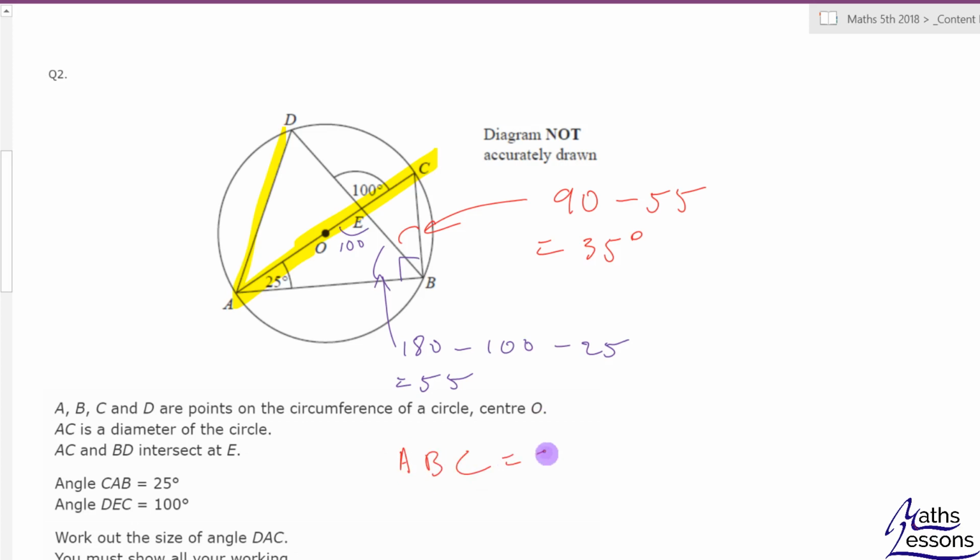So first of all, our reasoning is: ABC equals 90, angles in a semicircle. Then we know that AEB equals 100, that's opposite angles are equal.